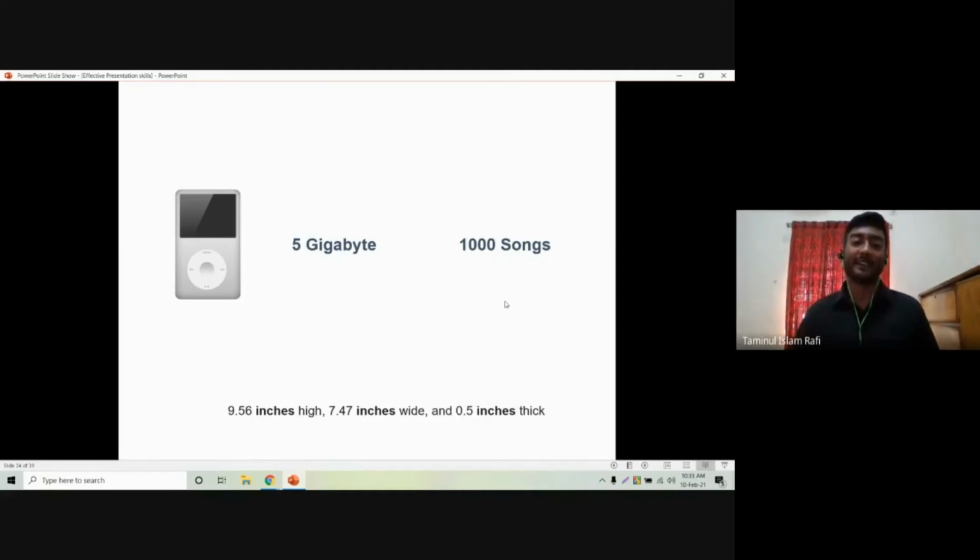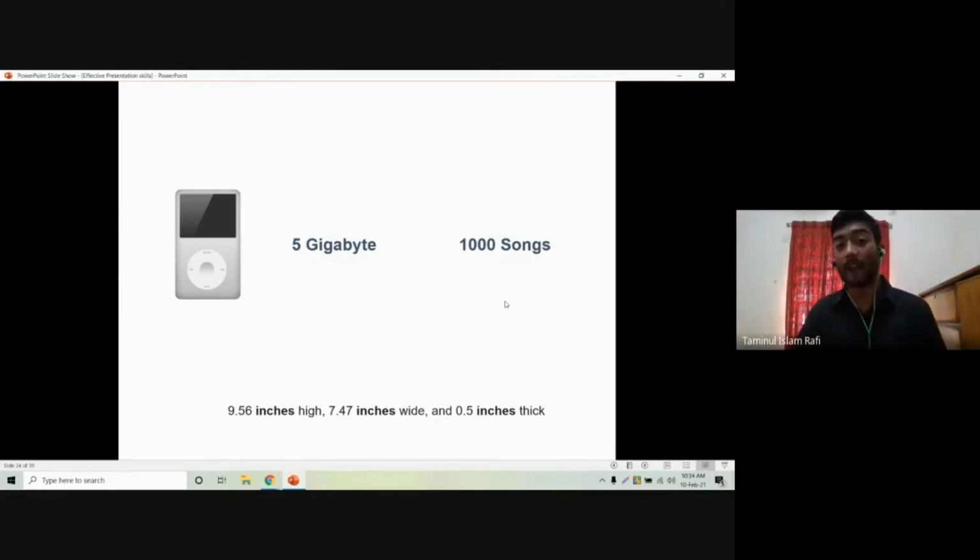He said, I have a product which can hold 1,000 songs in your pocket. I repeat, I have a product which can hold 1,000 songs in your pocket. So 1,000 songs is a huge space, right?